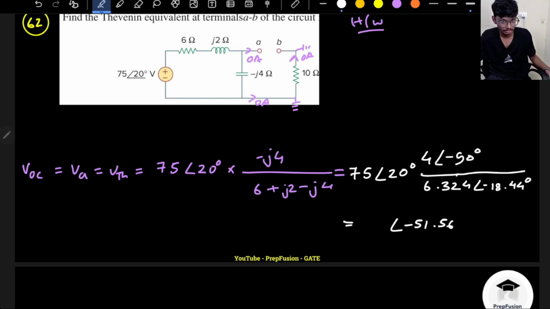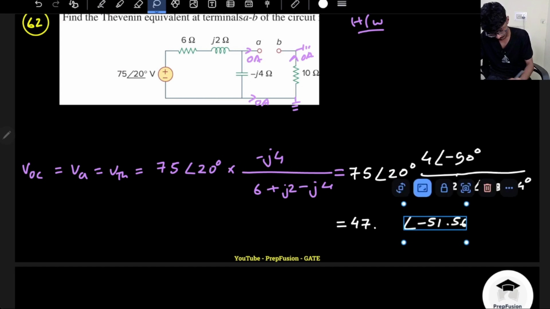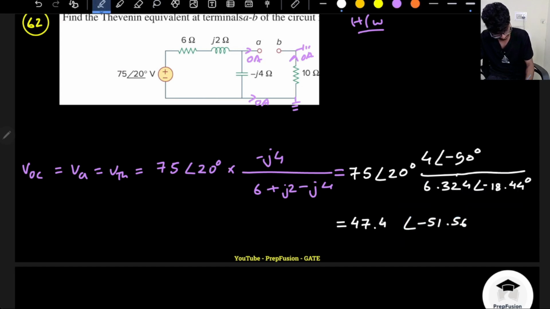And what about the magnitude? The magnitude will be 4 divided by 6.324 into 75, so it is 47.438. Okay, so this is the open circuit voltage.